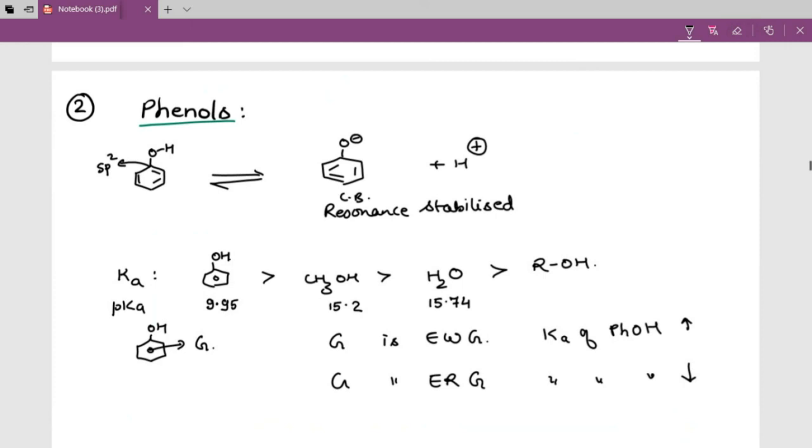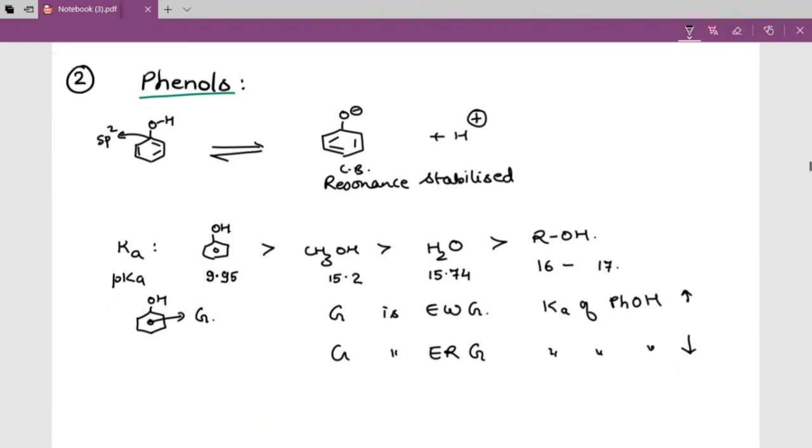And for ethanol and others, I will just abruptly mention 16.5, somewhere in that zone. Rather, I should write 16 to 17, because 1 degree, 2 degree, 3 degree variations will be there. That is better. So you can see how it changes.